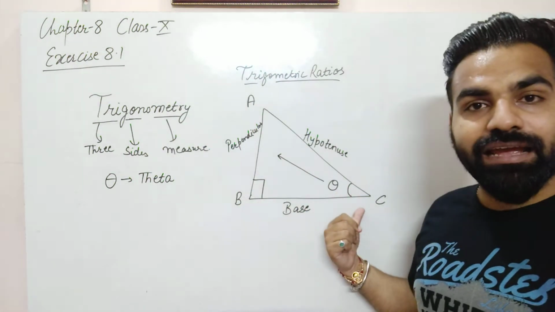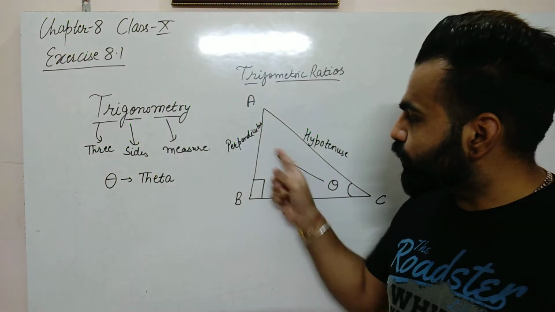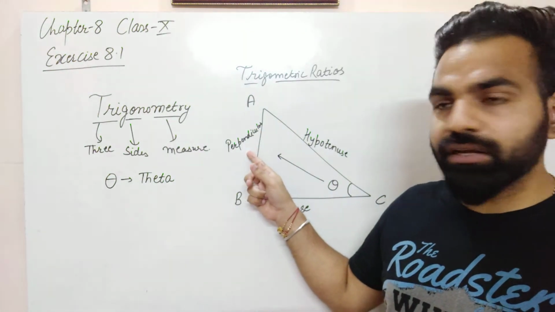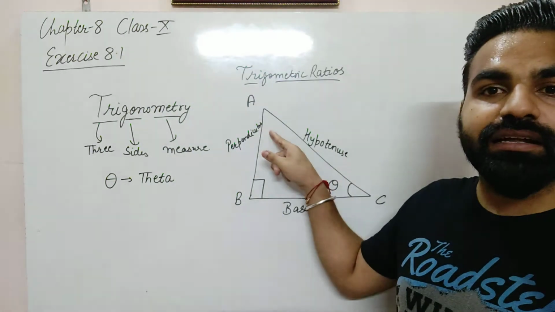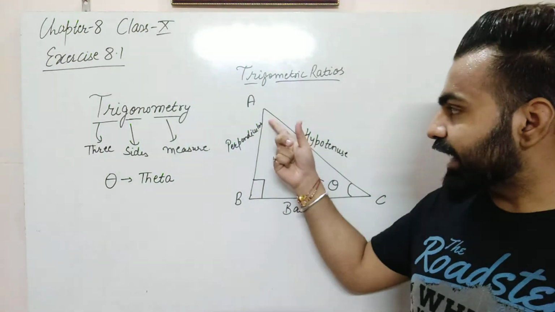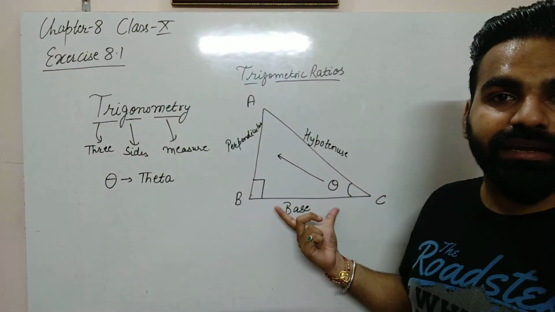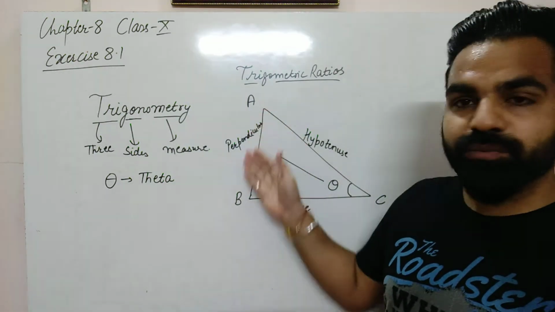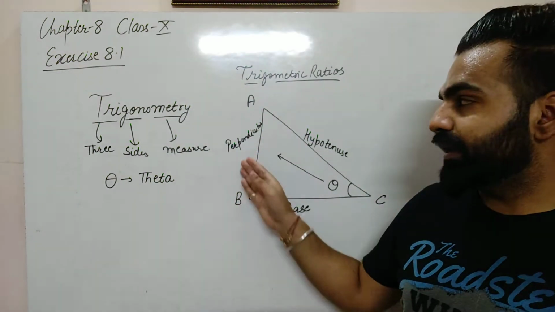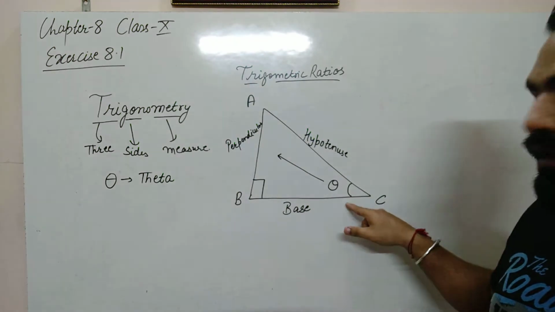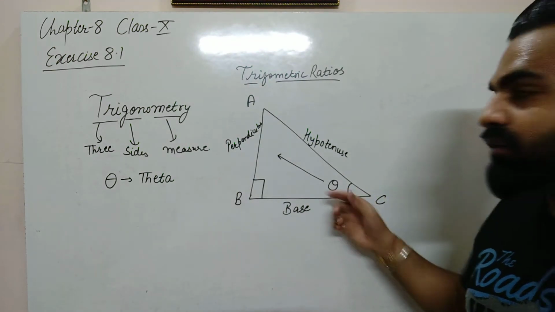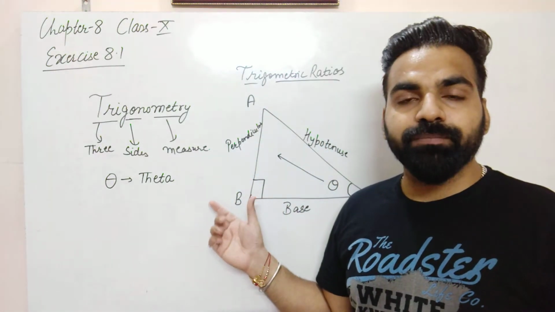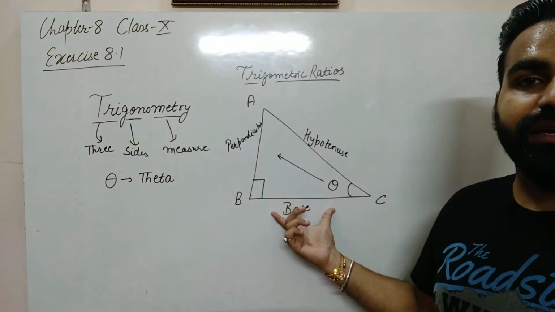If we take angle C as theta, then the opposite side AB will be the perpendicular, and if we take angle A as theta, then the side opposite to it, BC, will be the perpendicular, and correspondingly the other will be the base. But here we have taken angle C as theta, so AB will be the perpendicular and BC will be the base.